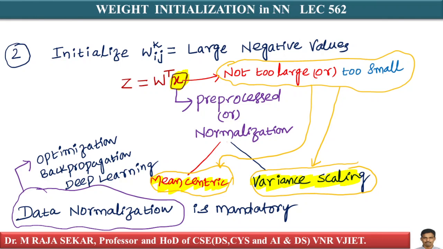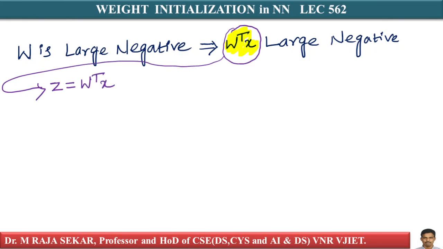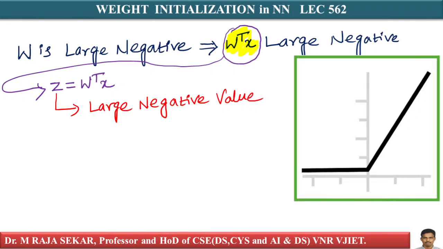So if W is a large negative value, your W transpose X becomes a large negative value. When Z is a large negative value, just try to recall, if your F is ReLU, Z is large negative because your weights are large negative. Recall the ReLU function, isn't it?